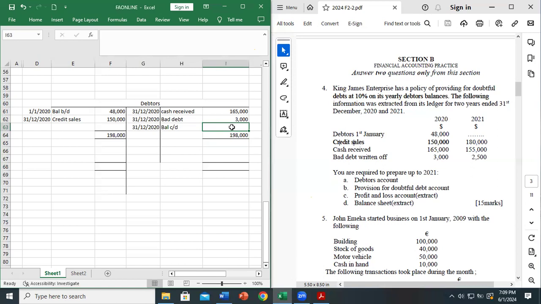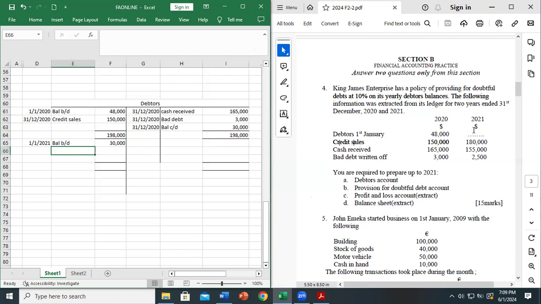I think it's 30,000. And now please confirm the figures if I'm making a mistake. So we have balance 2020. So we move to 2021. 1st January 2021, balance brought down 30,000.